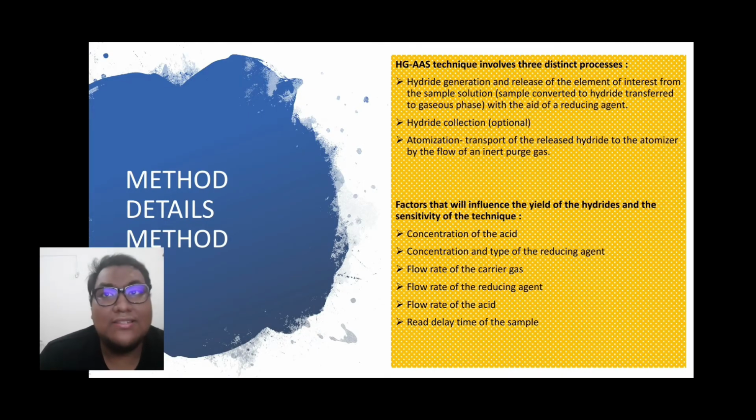Next is the method details. Chemical vapor generation techniques actually include hydride generation atomic absorption spectroscopy or HGAAS, and cold vapor atomic absorption spectroscopy or CVAAS.